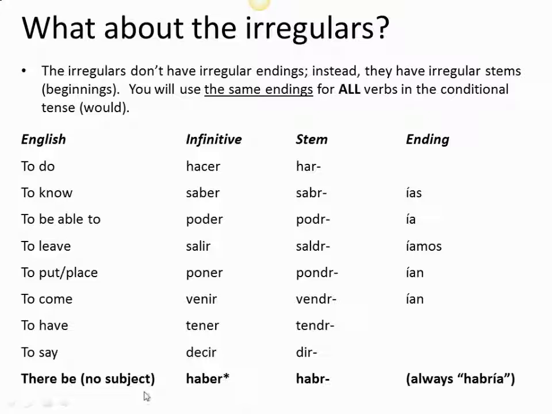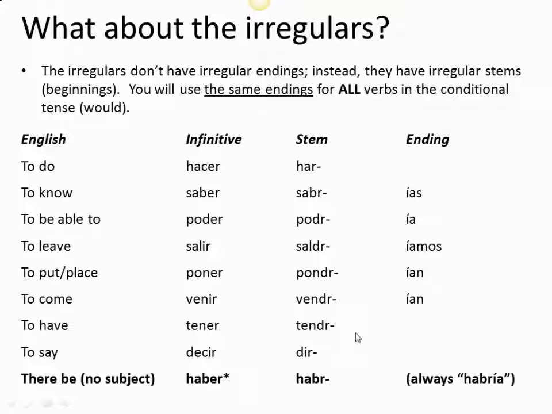Notice the one at the bottom is a little bit different. This is there be, like there is, there was, there will be, only now it's there would be. We've seen this verb multiple times, and there's no subject. So you can't say I or we or they, and therefore you don't have all these different endings. It will always be used as habría, there would be.